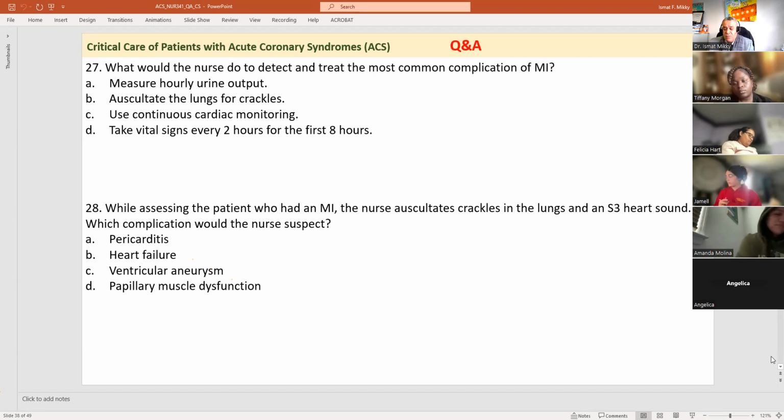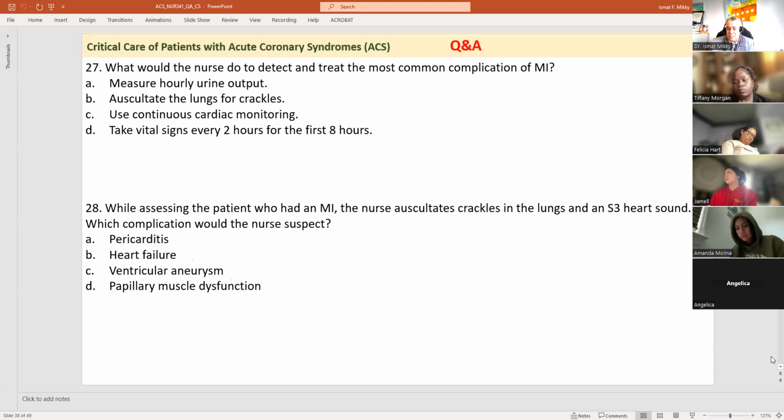The most common complication of acute MI is changes in the cardiac conduction system, in other words, dysrhythmias, and continuous cardiac monitoring will allow us to identify and treat any type of dysrhythmia that may result, so we can prevent further complications, deterioration of the myocardium, and sudden cardiac death. It alerts us to the changes in the dysrhythmias, and we can identify and treat them as they appear.